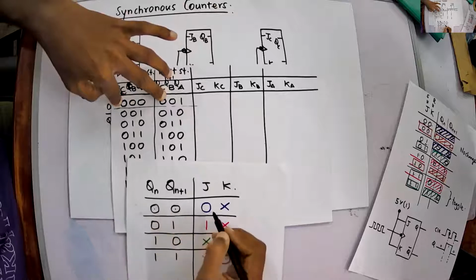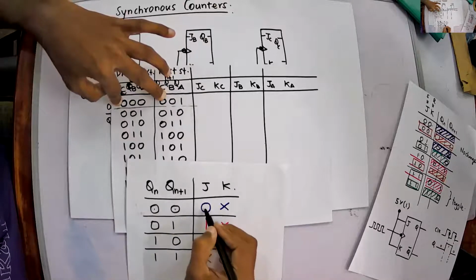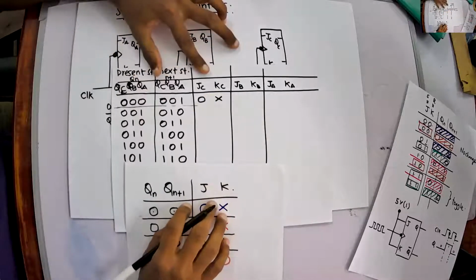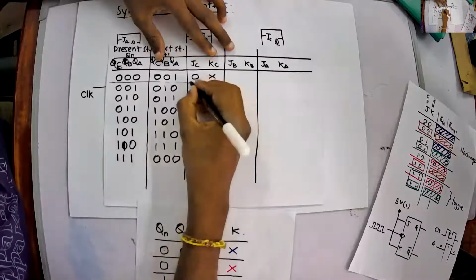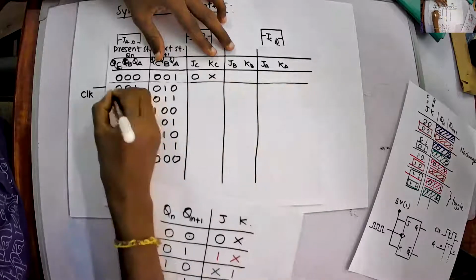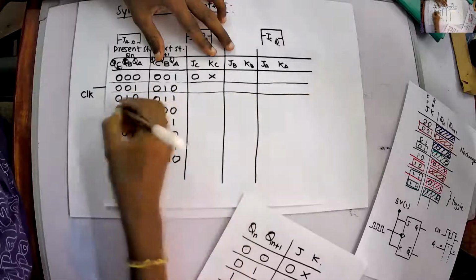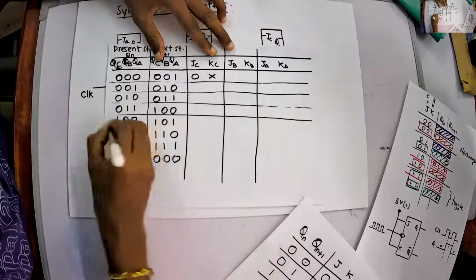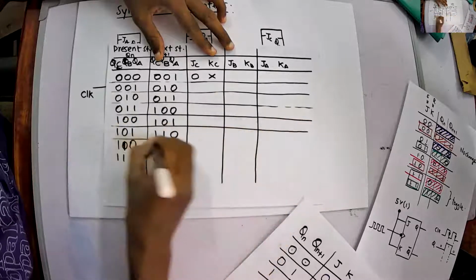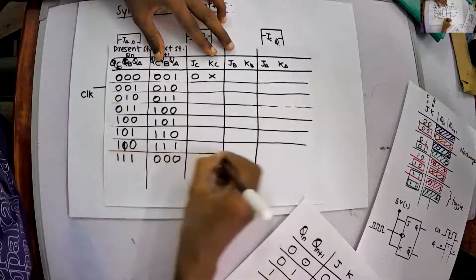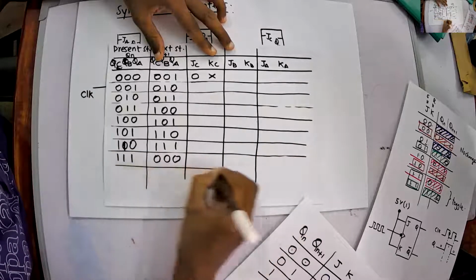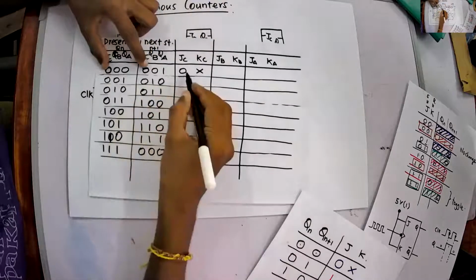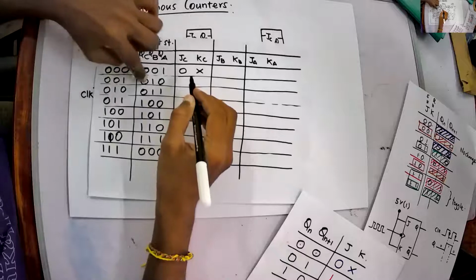For 0, 0, what I had for J and K? Yes, it is 0 and X. Clear? 0 and X. Similarly, you need to fill the whole table, right? 0, 0 means 0x.